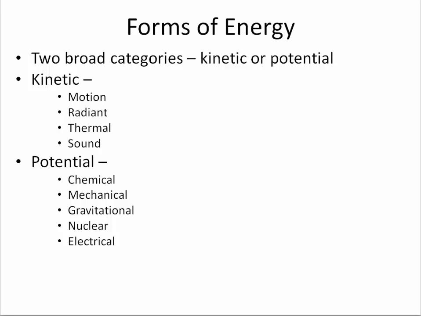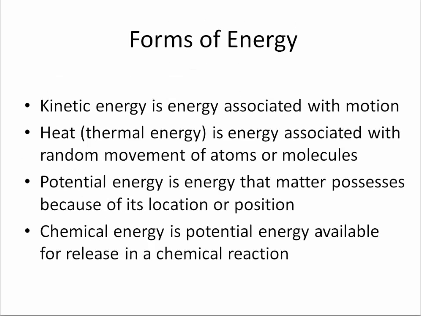Potential energy is the energy that is residing inside chemicals, or is a mechanical energy where you push or pull something. So that's potential energy. It has the potential to do work. Gravitational energy is also a kind of potential energy. Nuclear energy is a kind of potential energy, and electrical energy is also potential.